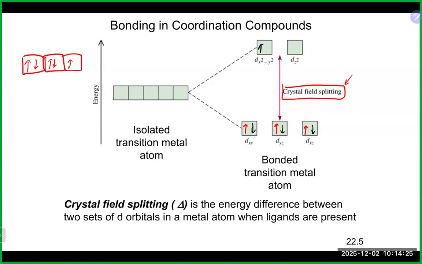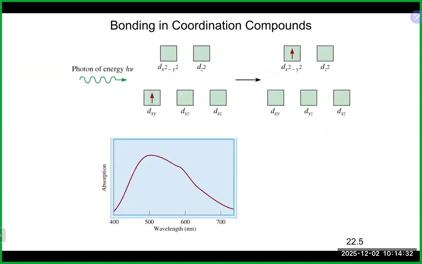So the splitting of these d orbitals affects how the electrons are populated within them, and that creates different types of complex ions. That creates ions that will have a lot more unpaired electrons versus ones that have more paired electrons. So some will be more paramagnetic versus diamagnetic, and that creates what is sometimes referred to as a high spin or low spin situation.